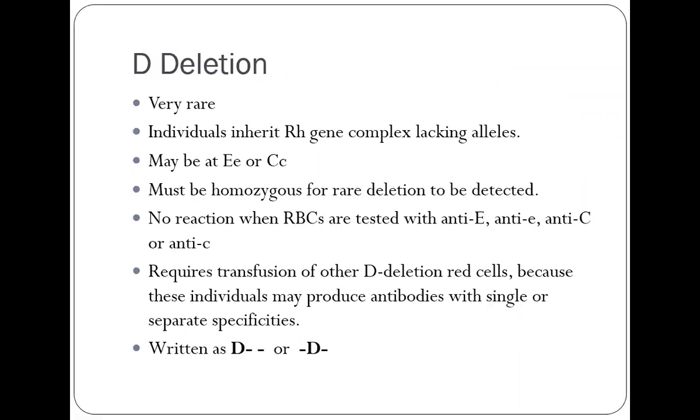What that means is, if you go back a few slides, you'll see that this D deletion phenotype is going to have the highest concentration of D antigen sites. So if a person who was a D deletion needed a transfusion, we'd only be able to give them other D deletion red cells, because otherwise they would definitely produce antibodies to these single or separate specificities.